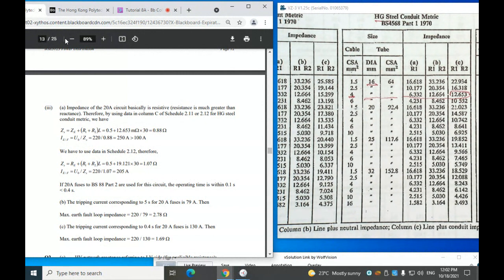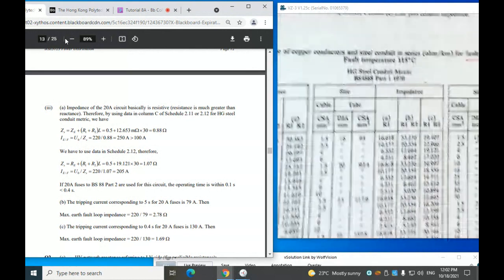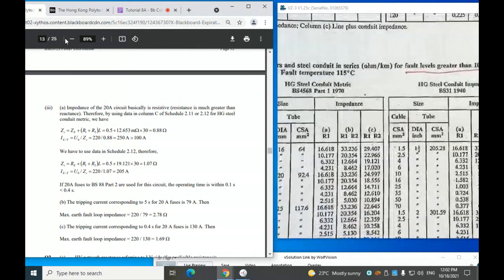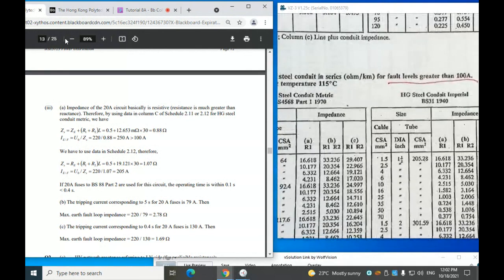Then you can find the fault current by using Ohm's law, and you see it is equal to 250 amp. This is certainly greater than 100 amp, so schedule 2.11 is not adequate. We have to use the next one, for fault current greater than 100.